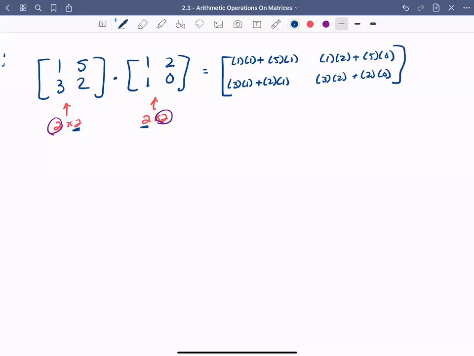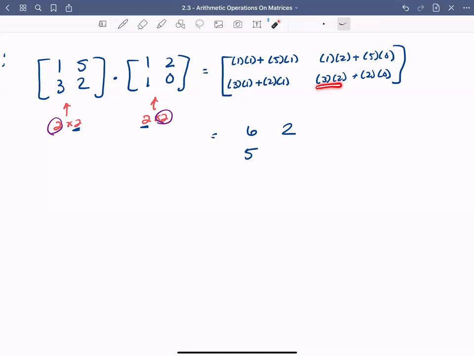Now I can simplify. So to simplify this, I have 1 times 1, which is 1, plus 5 times 1, which is 5. So I have 1 plus 5, which is 6. 2 plus 0 is 2. 3 plus 2 is 5.